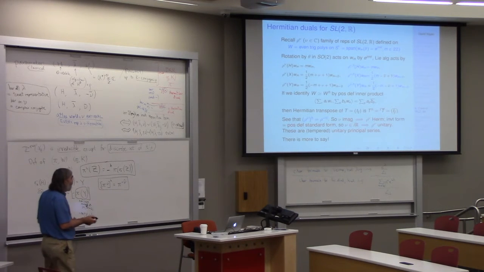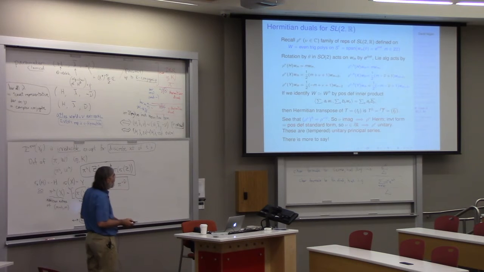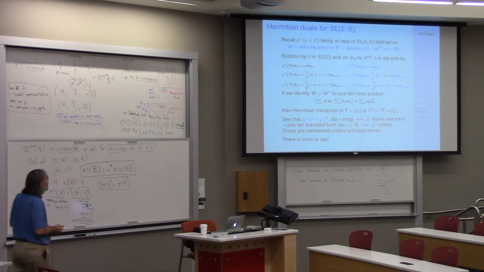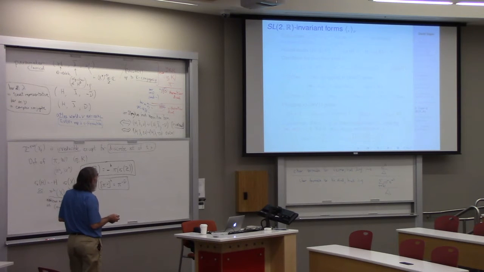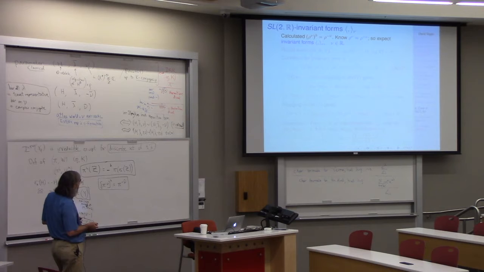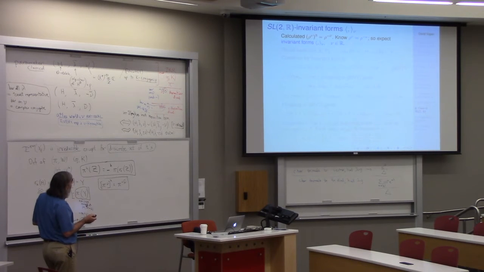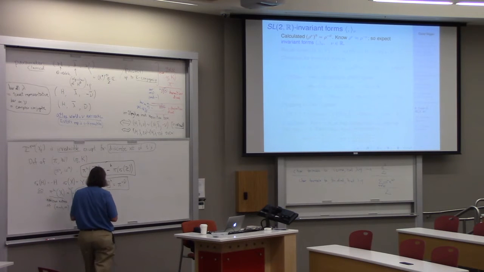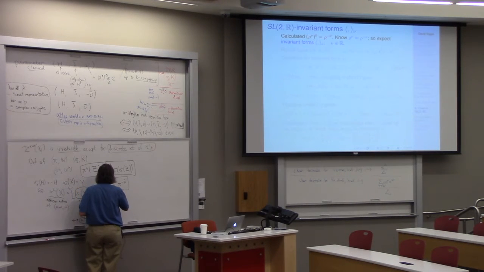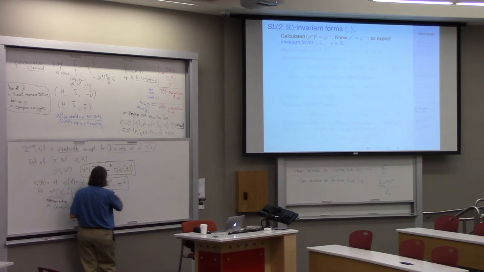But there are more Hermitian representations. So what do they look like? Now I want to look at real values of nu. What I'm saying is that pi nu is usually isomorphic.